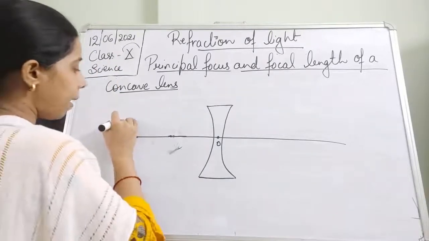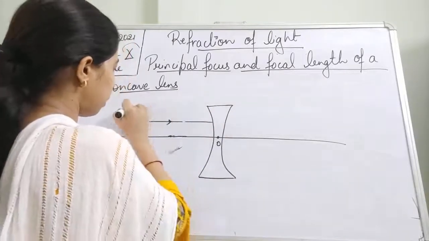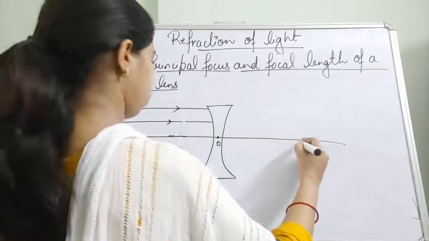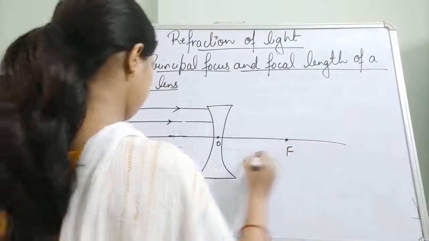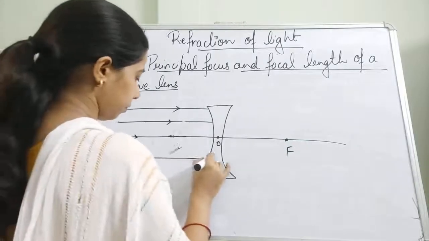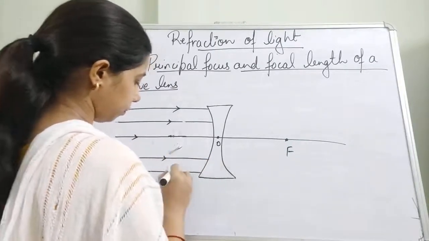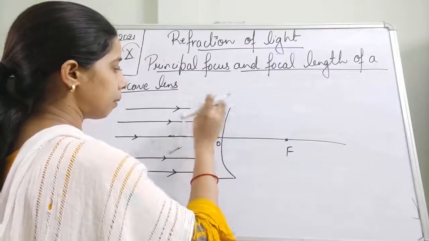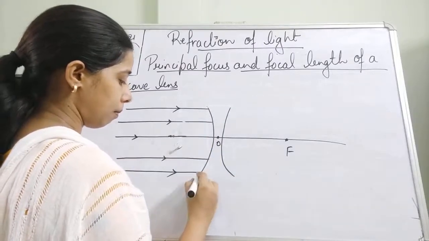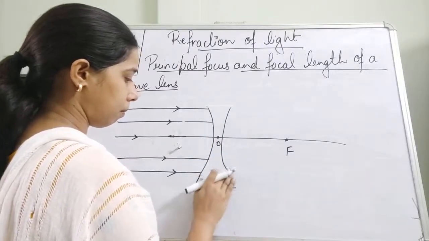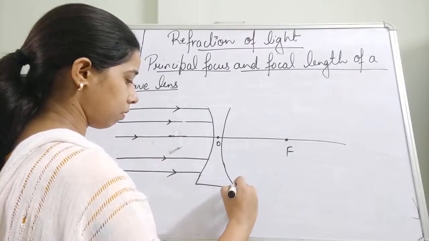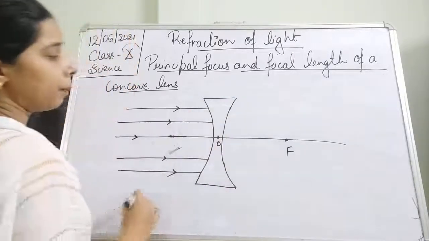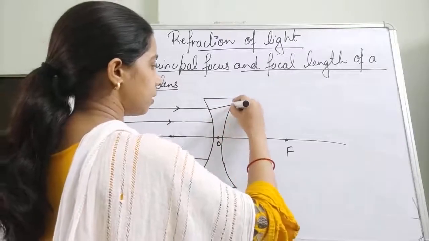Now, a parallel beam of light passes through it. A focus is also present here. So you can see what happened here: this one diverges.